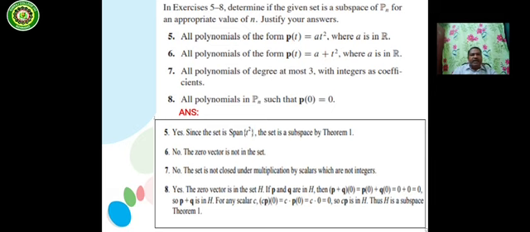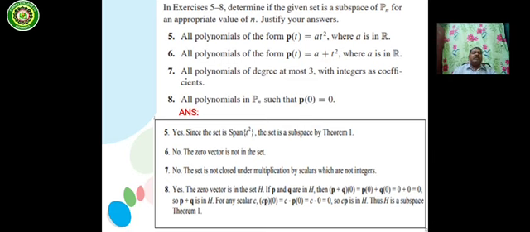So here in Pn, the polynomial coefficients are real numbers. But in the seventh problem, polynomial coefficients are integers. So the field set is the real number set.